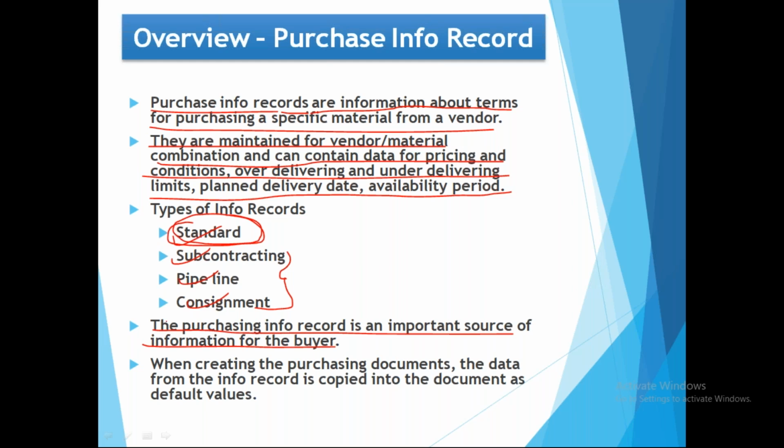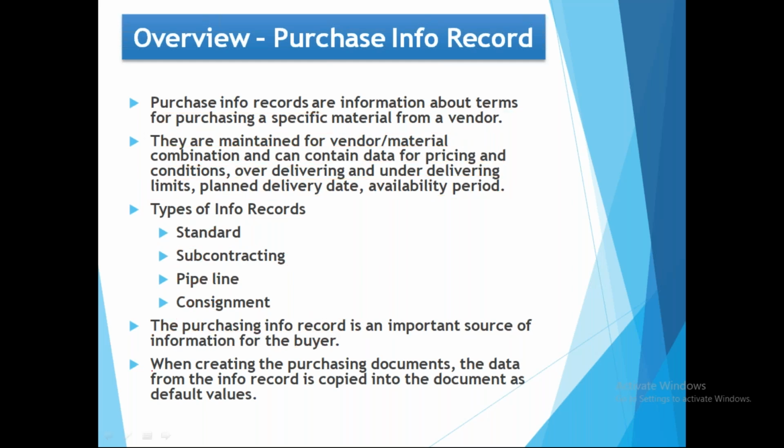When creating purchasing documents, the data from the info record is copied into the document as default values. So whenever you create a purchase order, if the purchase info record exists, the data from it will get copied to the purchase order.